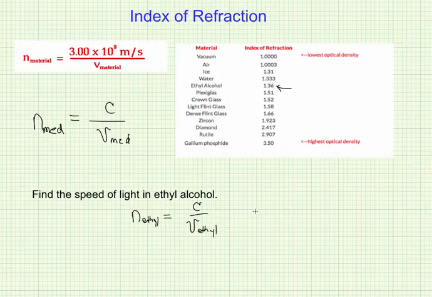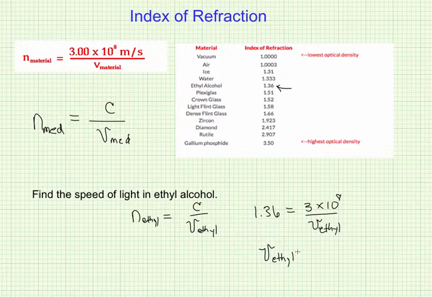All right, the index of refraction is 1.36. The speed of light in air, which is always going to have this value of 3 times 10 to the 8th, divided by the speed in the ethyl alcohol. All right, let's solve for the speed in the ethyl alcohol, and we do that by simply taking 3 times 10 to the 8th divided by 1.36.